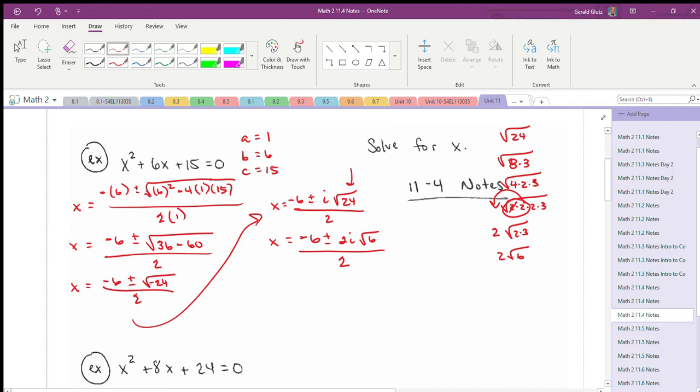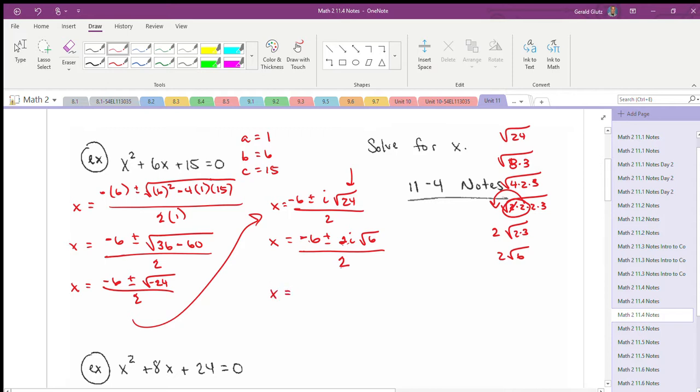So now that I have that square root simplified, the next thing I want to check for is, can this number on the bottom, the denominator, go into this number and this number? So I only want to look at the whole numbers. Never simplify this with what's inside of here. I only look to see if this number goes into both of these numbers. If it doesn't go into both, then you don't do anything. But since there's a 2 on the bottom and these are both even, we can simplify all of this.